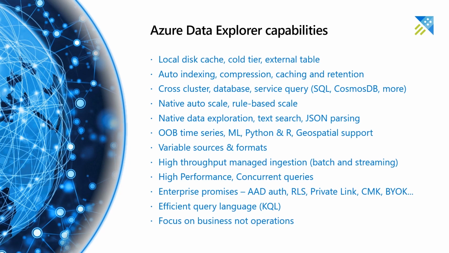That's something very unique to this platform. There are out-of-the-box time series machine learning capabilities. You can run your Python and R code in a distributed manner. We have geospatial support as well, which allows you to run geospatial queries with ease. You can bring your data from multiple sources, in different formats.